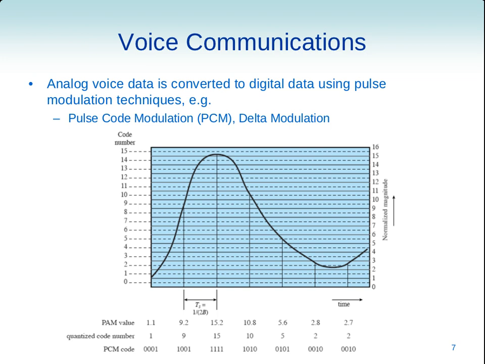If this line represents our input voice over some short period of time, with PCM we take regular samples, record the value of the input, and convert that value into some binary value within the range. So we divide the amplitude into some range, take a sample and convert that sample into some binary value, a PCM code in this example.